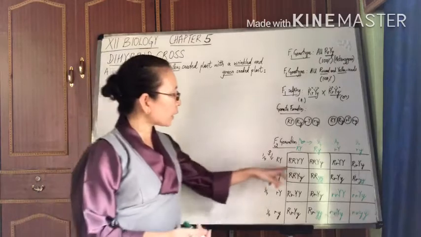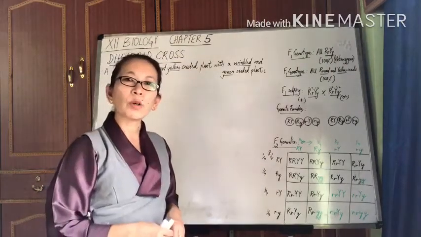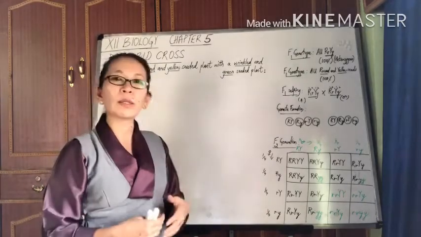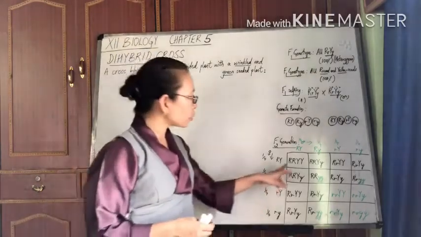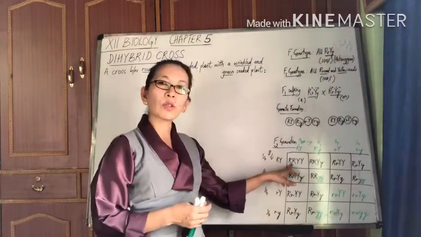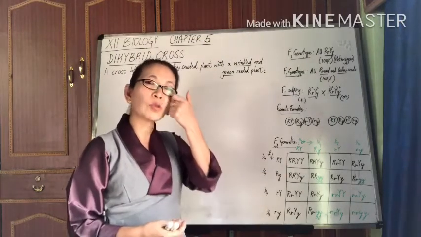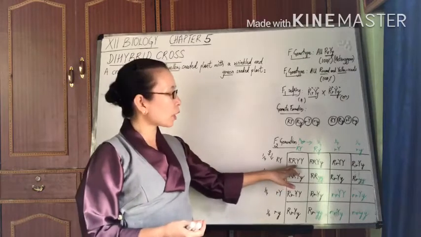Okay, so let's take each of the boxes one by one and predict the possible phenotype, because we know the dominance and the recessiveness of these traits or factors. So now the first box has a genotype which is homozygous RRYY. So we can say that this would be round yellow, right? So this is round yellow.